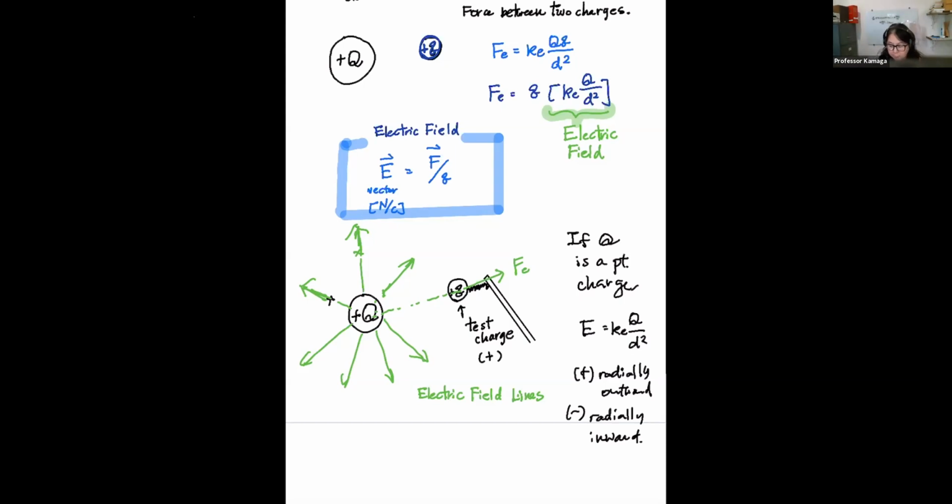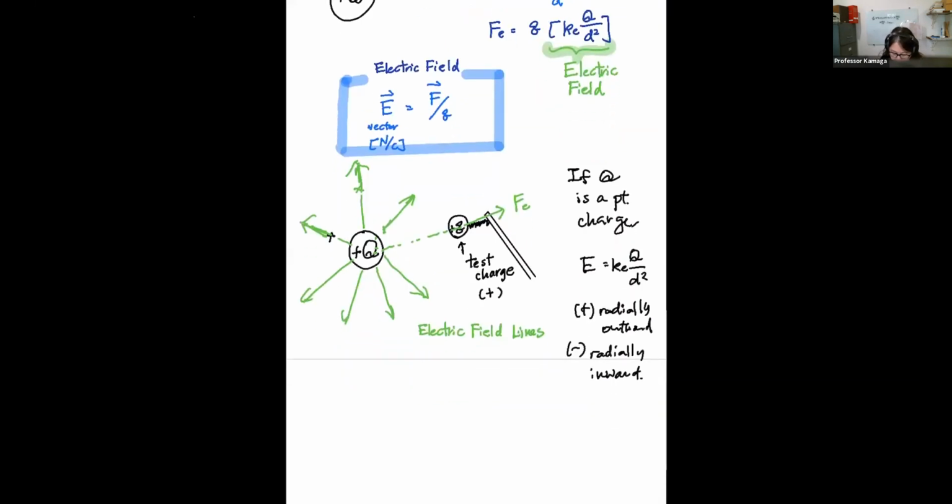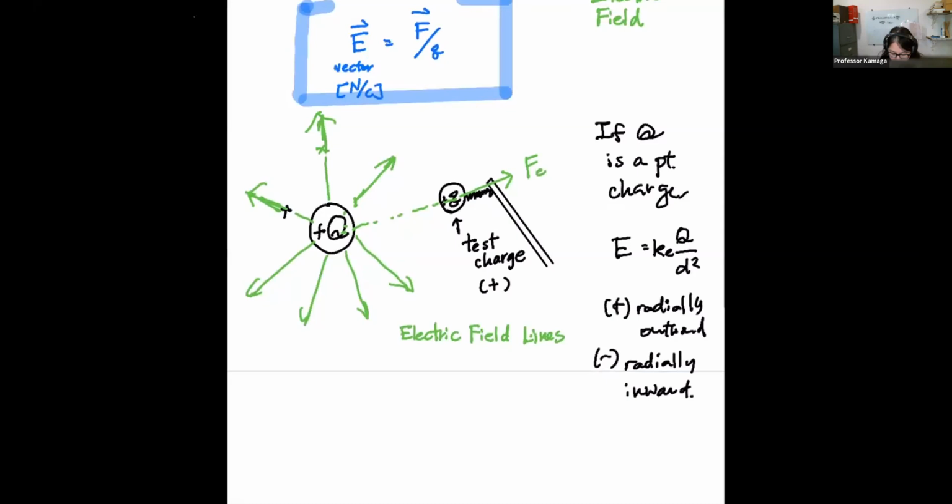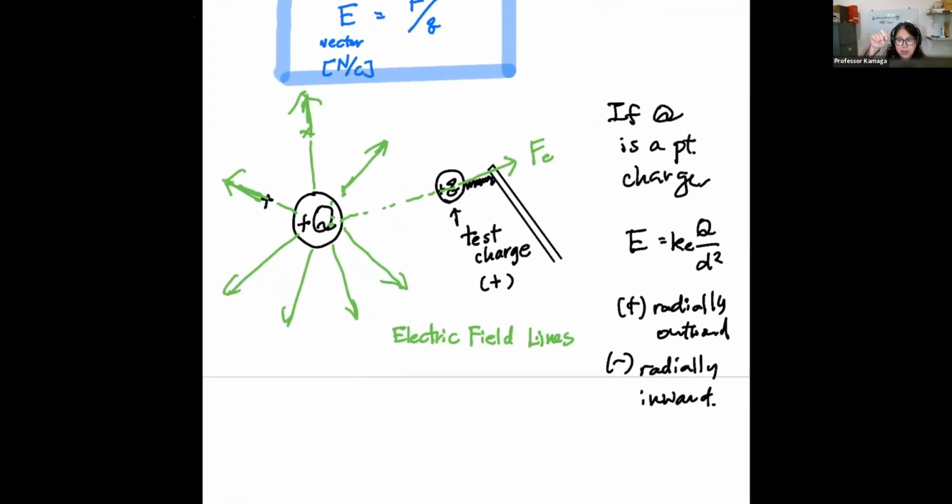So as long as you have the existence of a charge, you have a field created. And that's what the electric field is. And this green line is the electric field line, where once you bring the test charge, the direction of the force would be. The magnitude of the force depends on the magnitude of the test charge and the big Q.